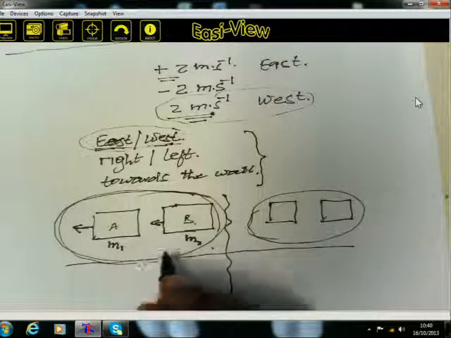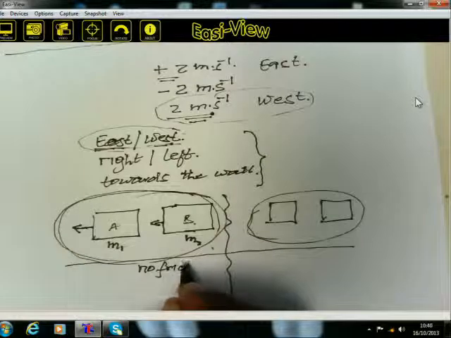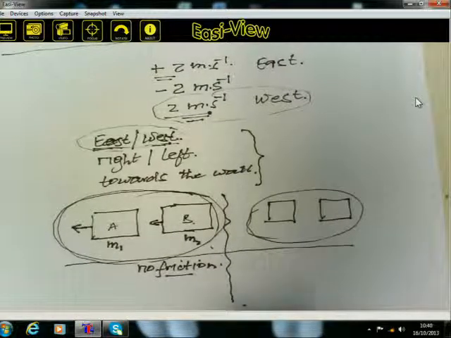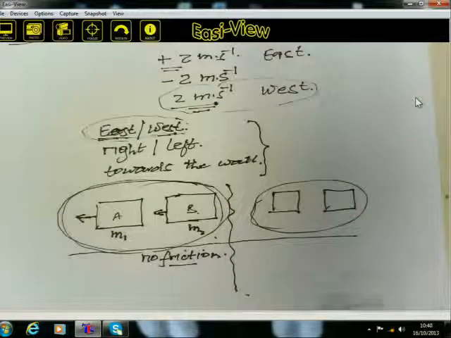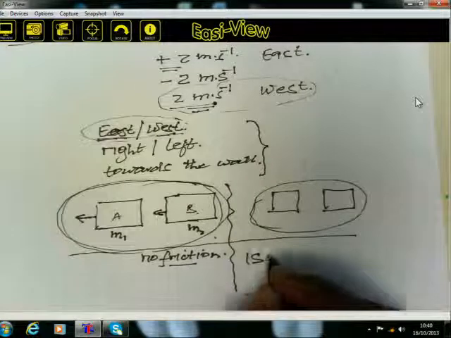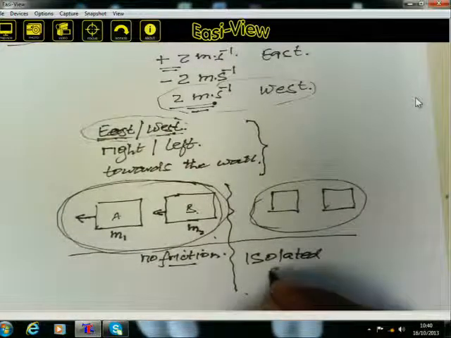In other words, there should be no friction. Such a system which is free from external forces we refer to as an isolated system.